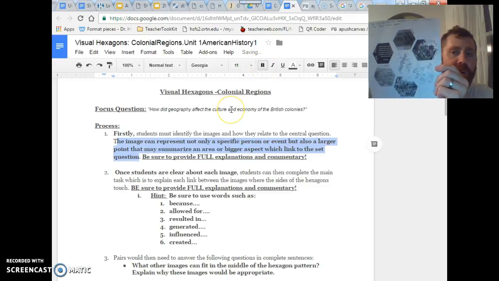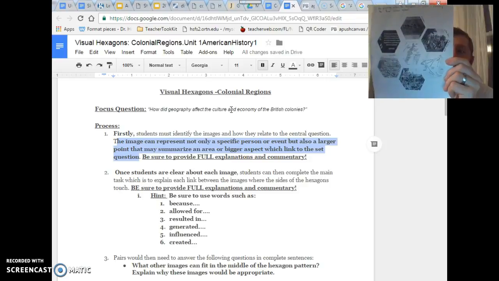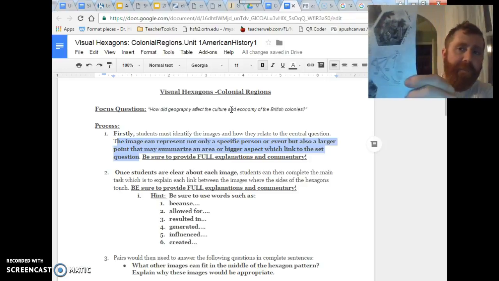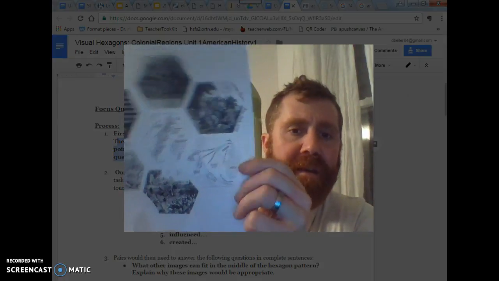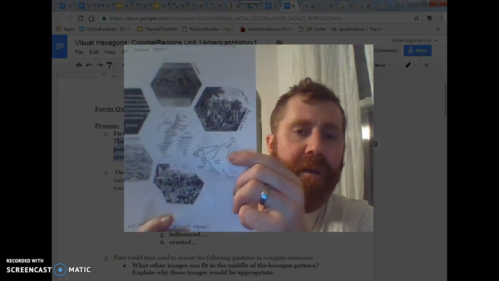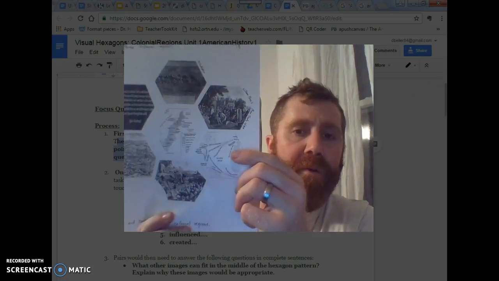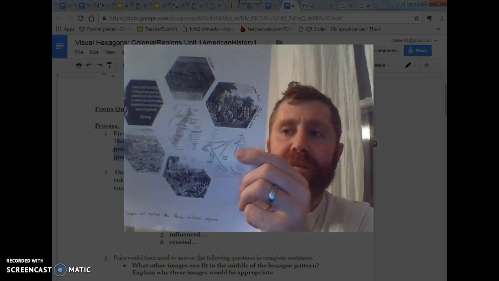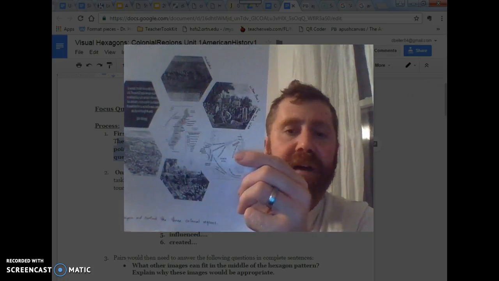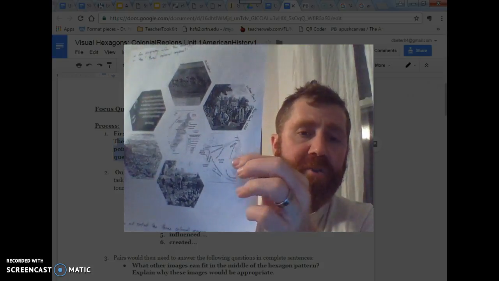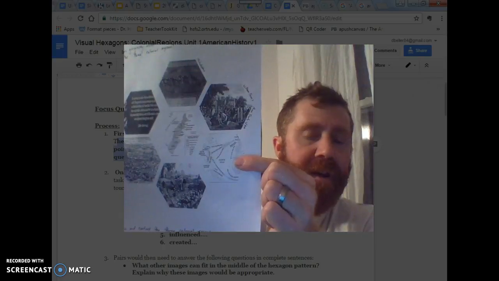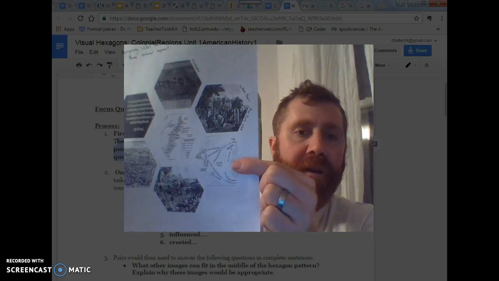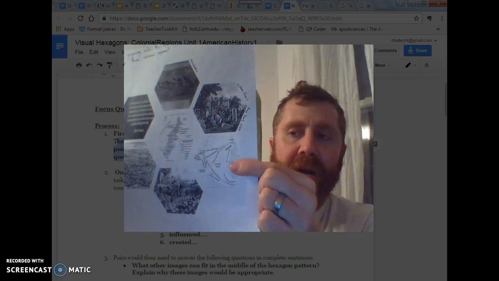All right, so when you're looking at this, let's say we're looking at this map right here. Let me change this real quick. You can talk about how this is a map of the triangular trade route. You can talk about just one aspect of the triangular trade route and how it affected one region of the colonies.